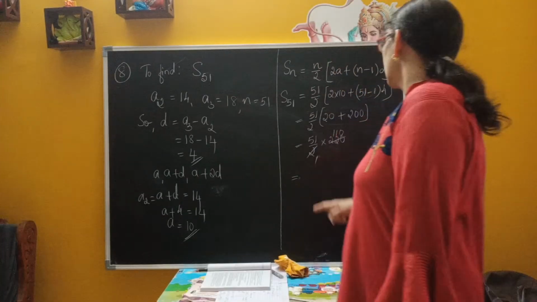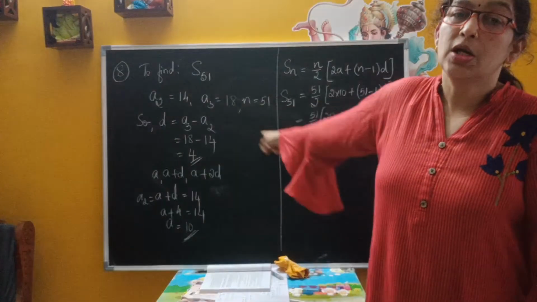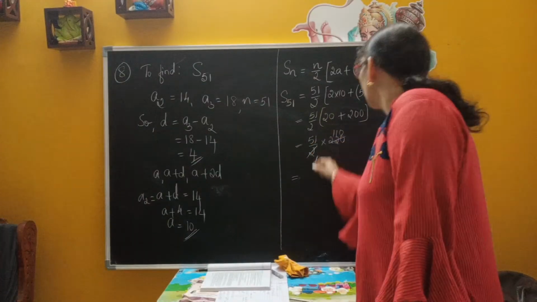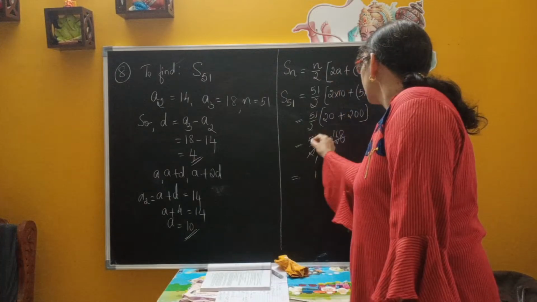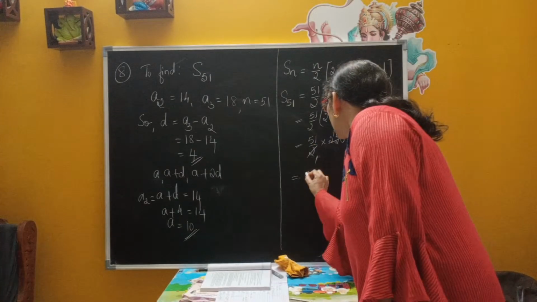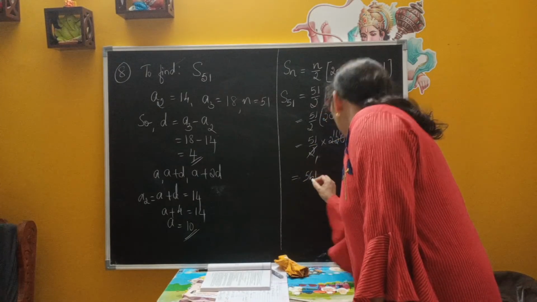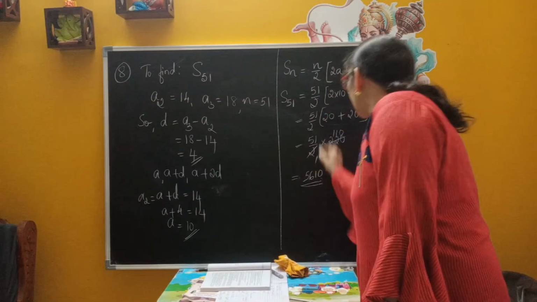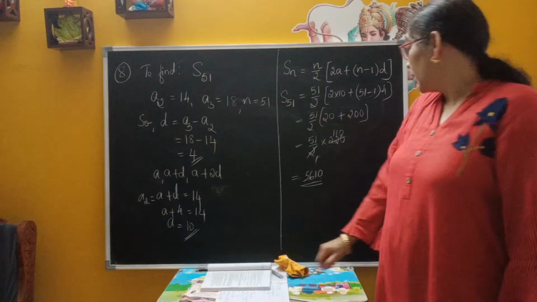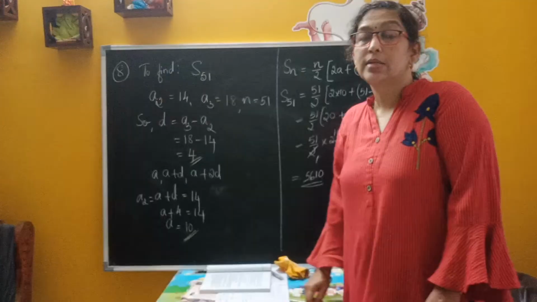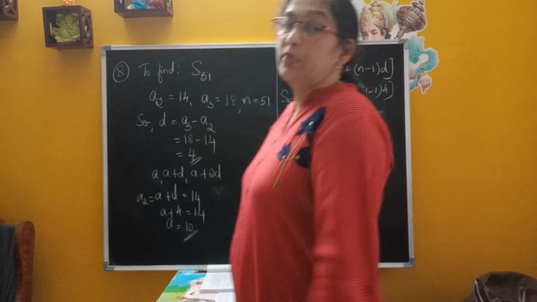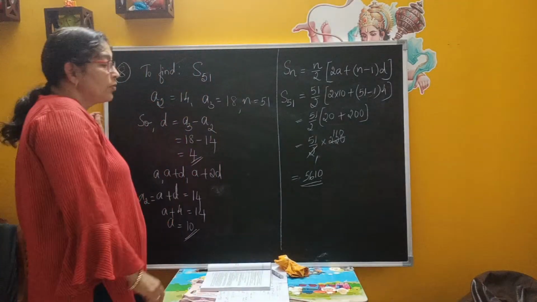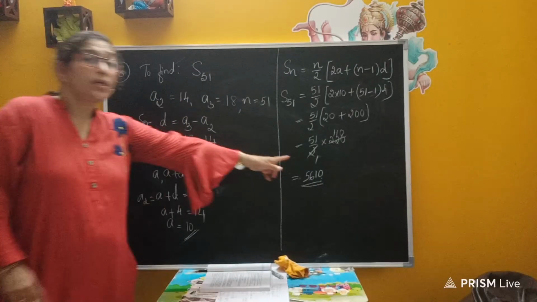Product obtained is the S51, the sum of 51 terms. 11 ones are 11, 11 5s are 55 plus 1, 56, and we have 1 0. So the sum S51, or sum of 51 terms, is equal to 5610.